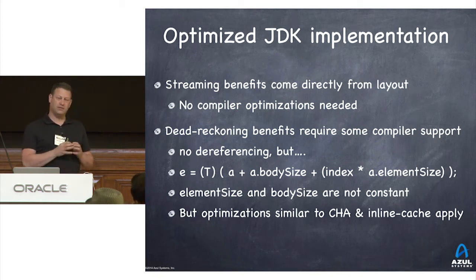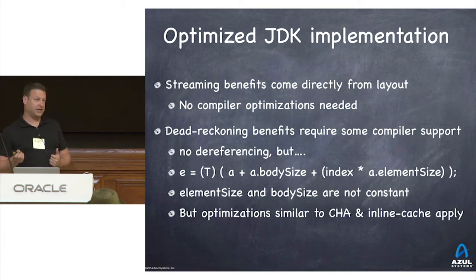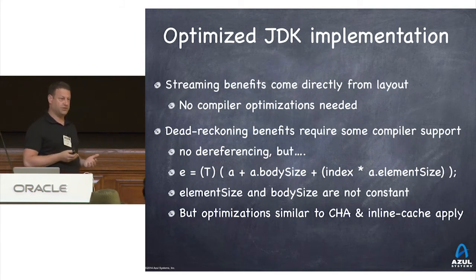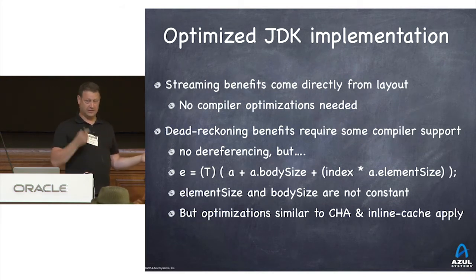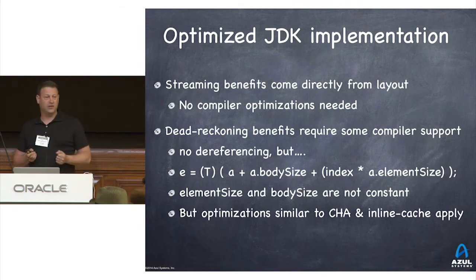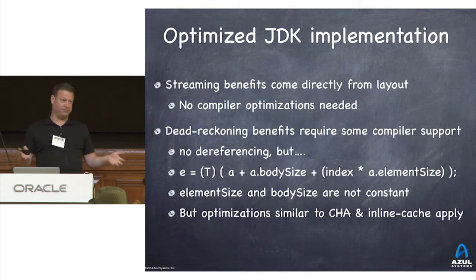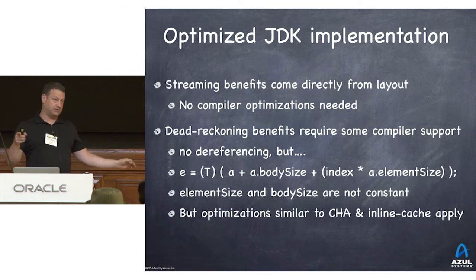And there are optimizations for these that look a lot like class hierarchy analysis and inline cache optimizations do for invocations. So if I have a leaf structured array type that has exactly one size and I can analyze that in the world, I know what the element size is, I don't need to load it. And even if I can't prove it, if my code has only ever seen one element size, I can compute based on that element size and check the type.